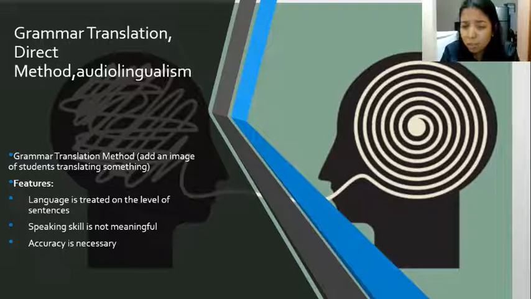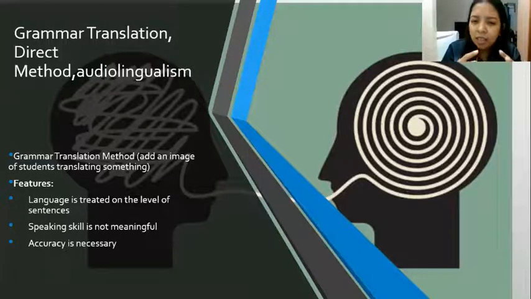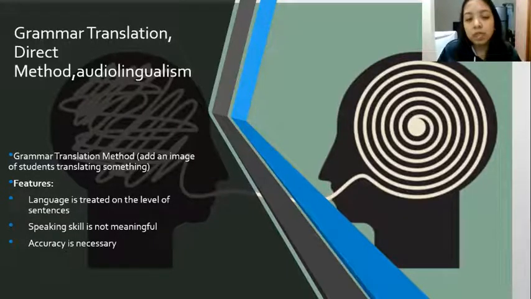The second feature is that speaking skills were not meaningful. I'm not sure if you remember that, when you were in high school, most of the time the teacher would say, okay guys, please let me know how to say in English, yo estoy feliz. And the students made this process in their mind, well, yo in Spanish, in English is I, okay, I.